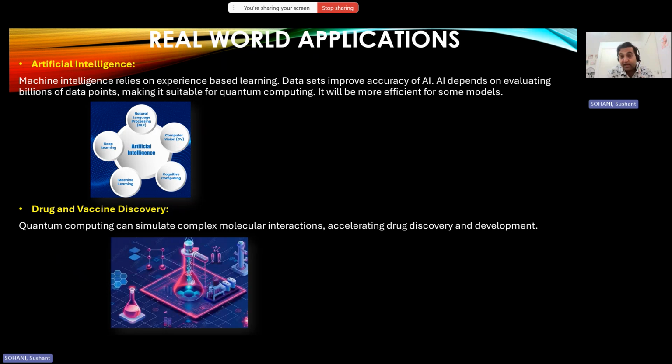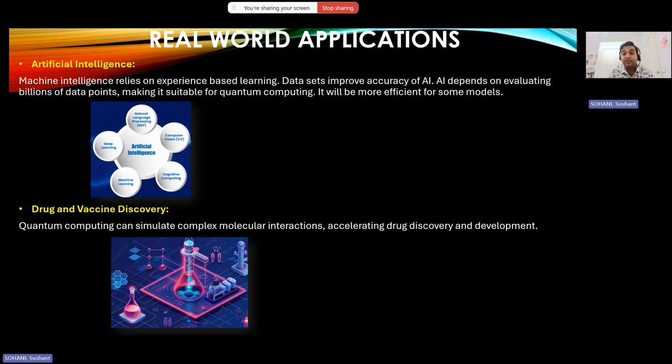In an ideal world, vaccines take at least about 10 years. Did we have that time during COVID? No, we did not. So quantum computing helped a lot. They did a lot of human work simultaneously, with precision and awesome speed.